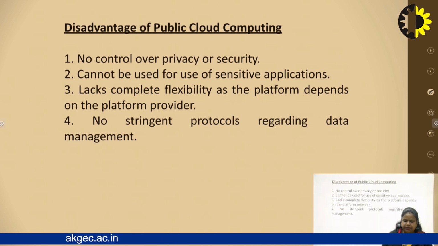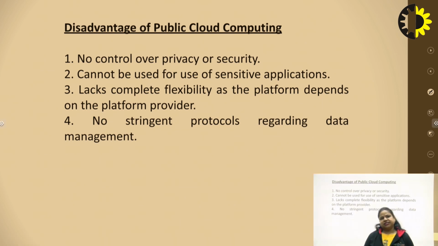Yes, when everything is in public, on the internet, there are certain disadvantages. No control over the privacy and security. When everyone has a right to access the data, then obviously there is no control over security and privacy. Every data is being accessed openly.